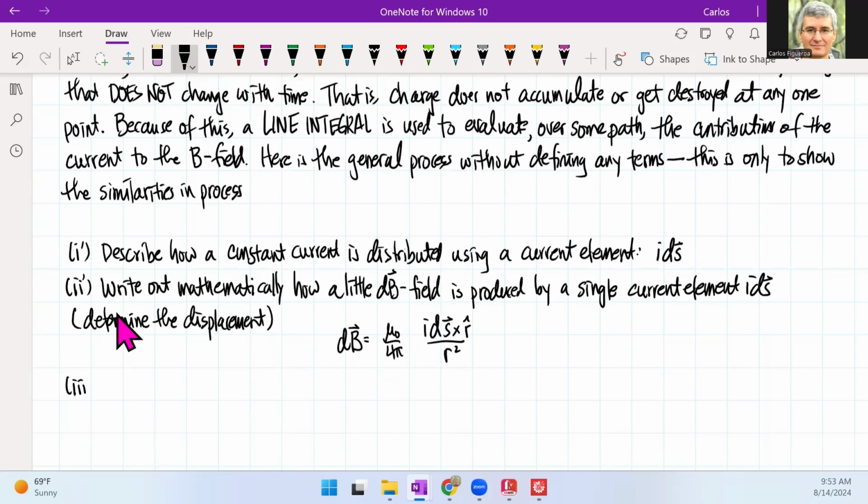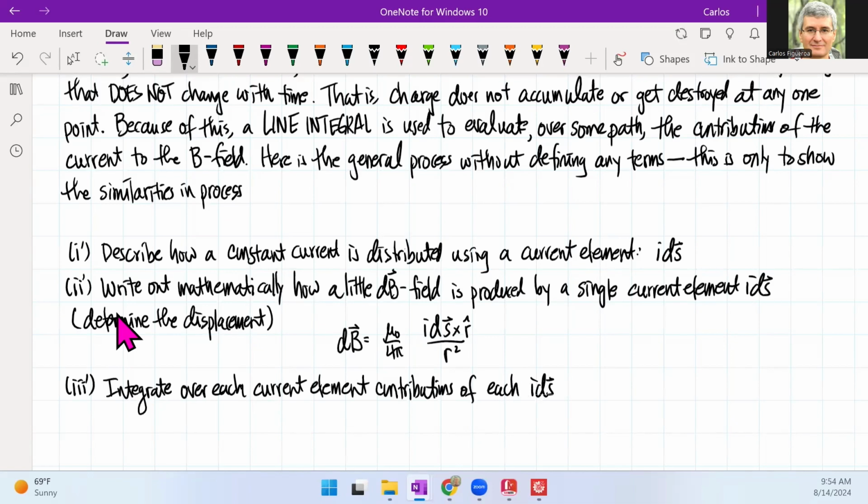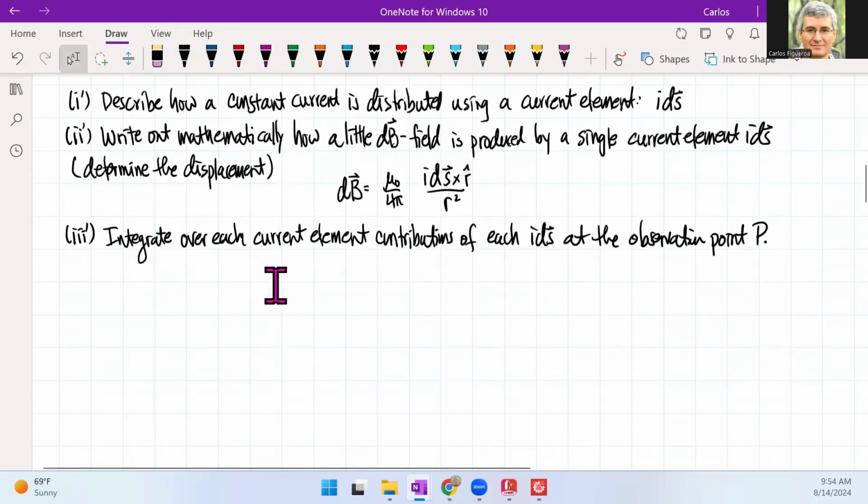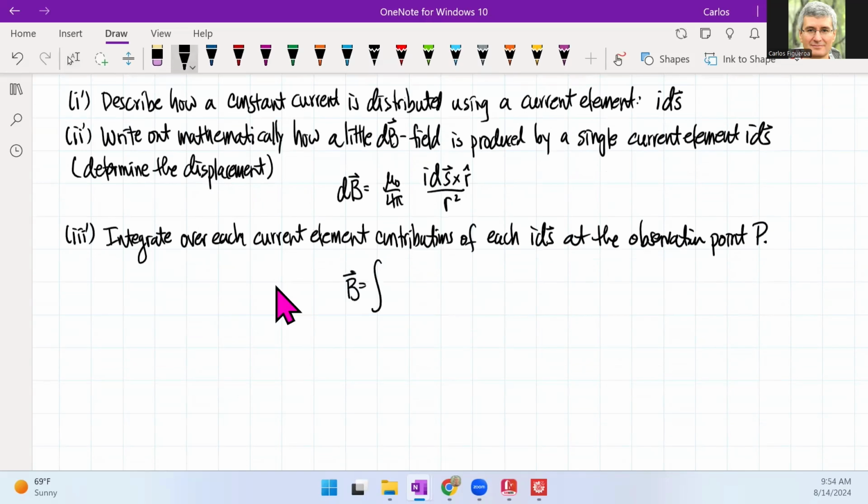And then what we do next here is that then we integrate over each current element, the contributions of each I ds at the observation point P. So if I look at this thing, we then have that B is then going to be the integral of dB.